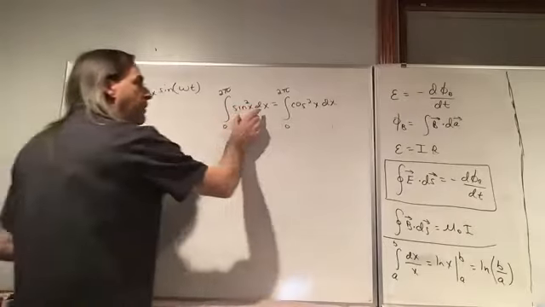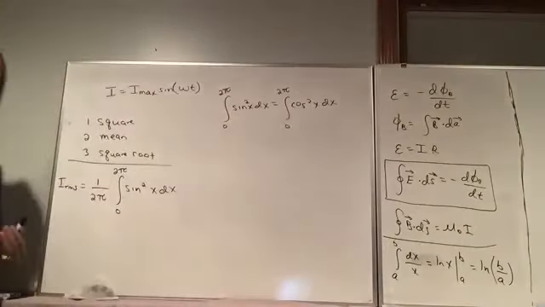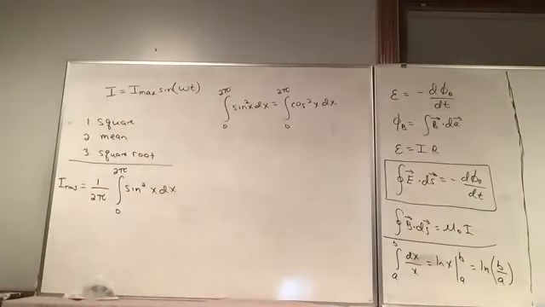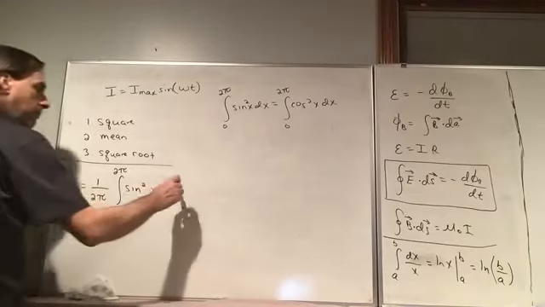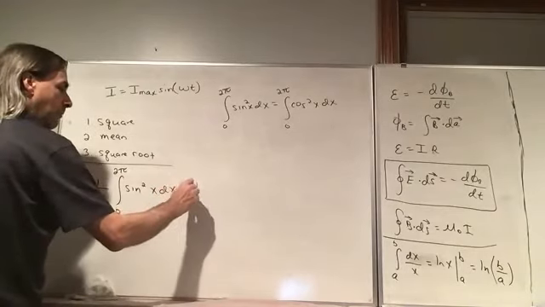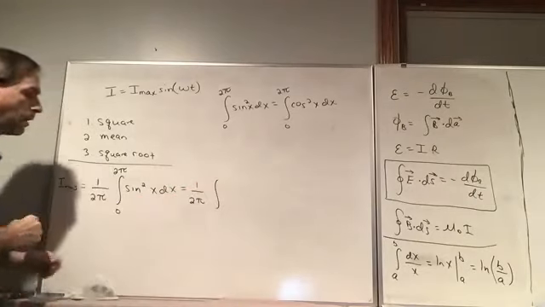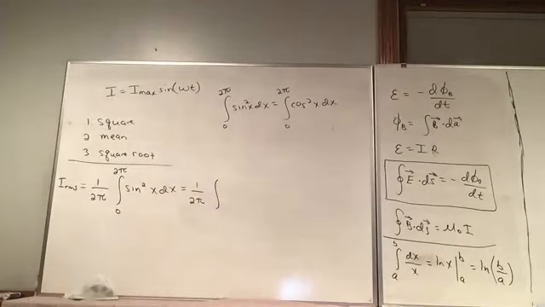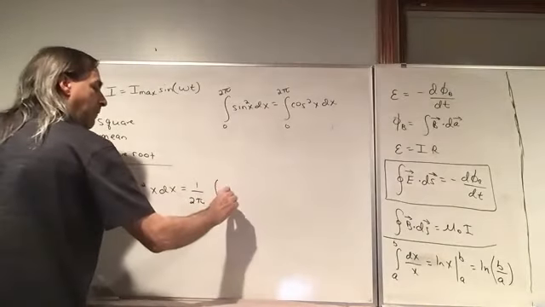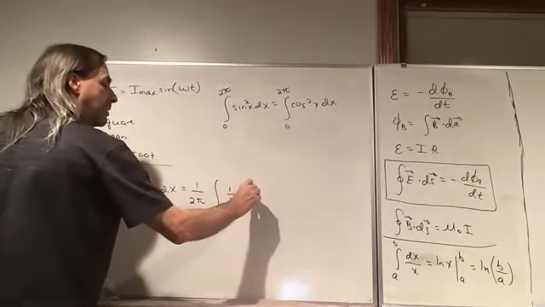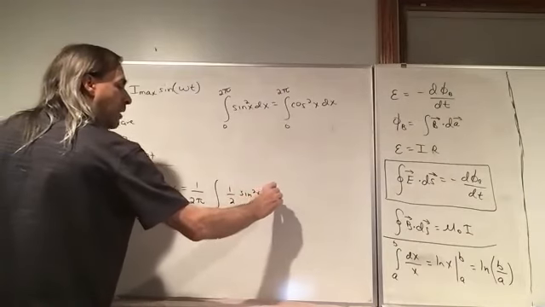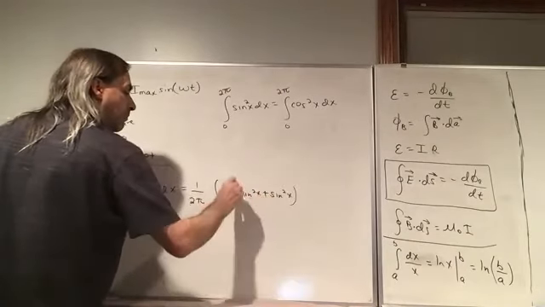So if this is believable, that the integral of sine squared is equal to the integral of cosine squared, that makes our lives much easier. Because we can replace sine squared x as, let's say, 1/2 of sine squared x plus sine squared x.